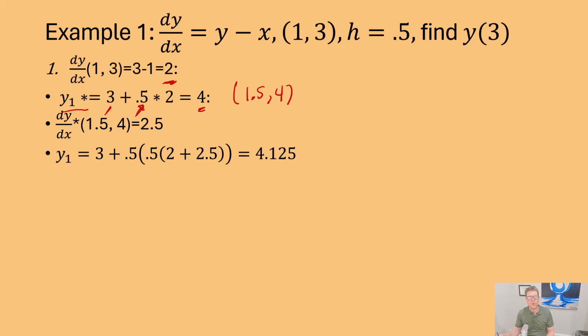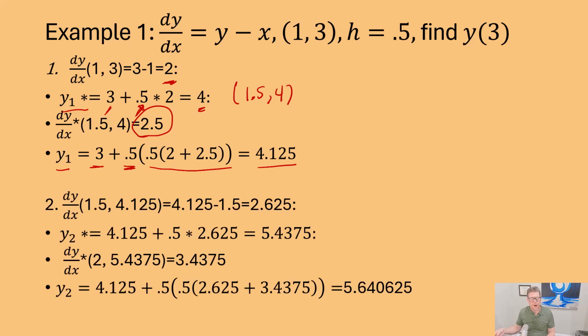We're then going to utilize (1.5, 4) to find the value for the differential equation, which in this case is going to be 2.5. To find y1, we're then going to take our y0 plus our step size times our average, and that ends up giving me 4.125. Now we're going to do our second step.